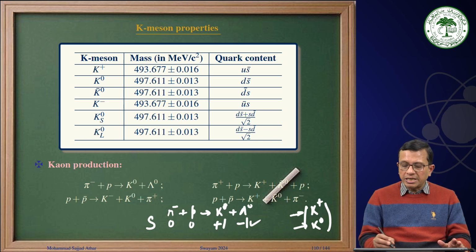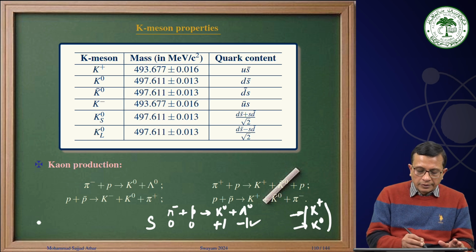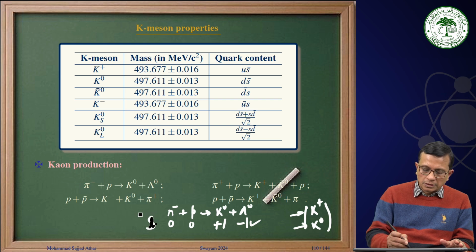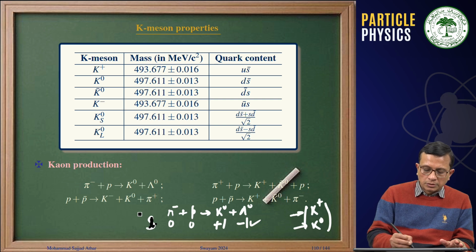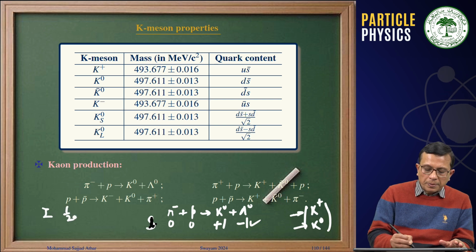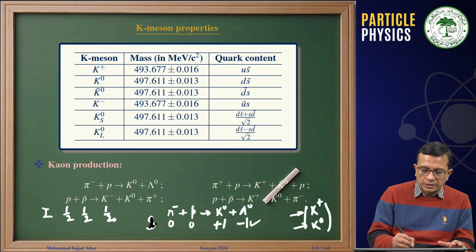Now, similarly, let us take another example: p plus p bar going to K minus K0 and pi plus. You see, I is half here. P bar and n bar are members of iso-doublets. This will be half, this is half, this is half, and this is 1.